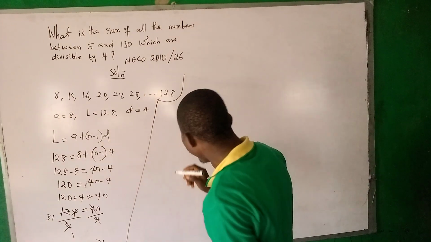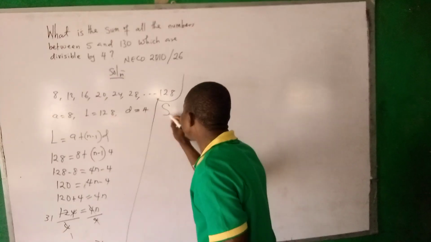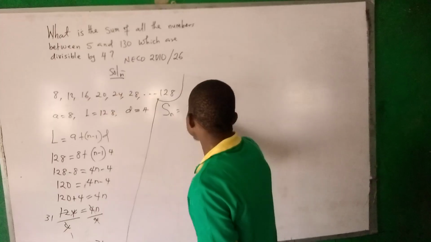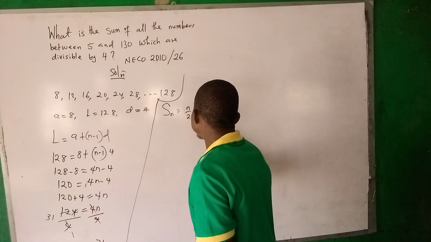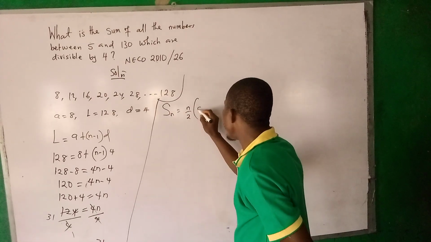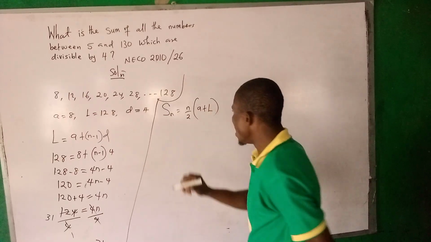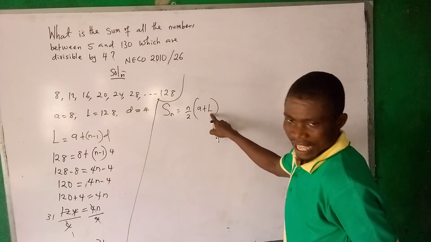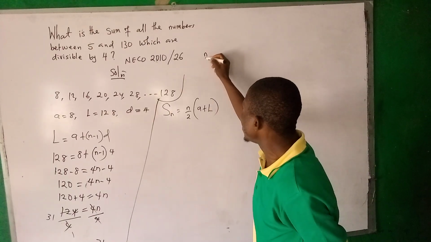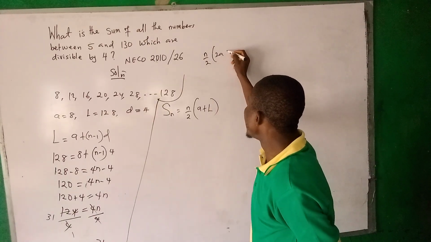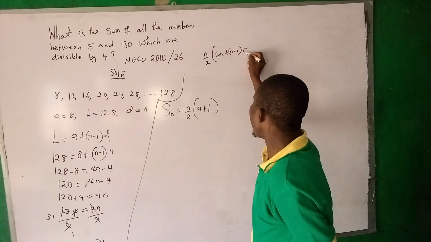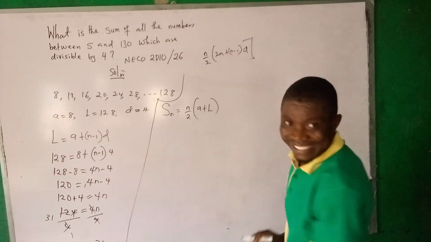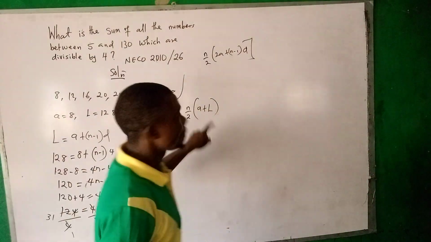So the sum of n terms becomes n over 2 into (first term plus last term). Use this one because it is easier, since you know your last term. I know you know that the other formula is n over 2 into (2a plus (n minus 1) d), but this one is easier, so I'm going to use it.